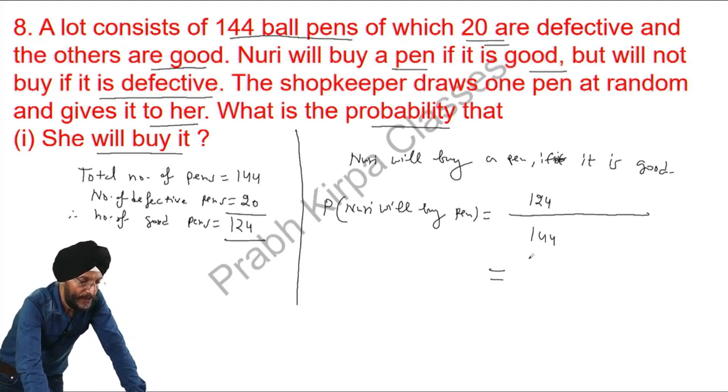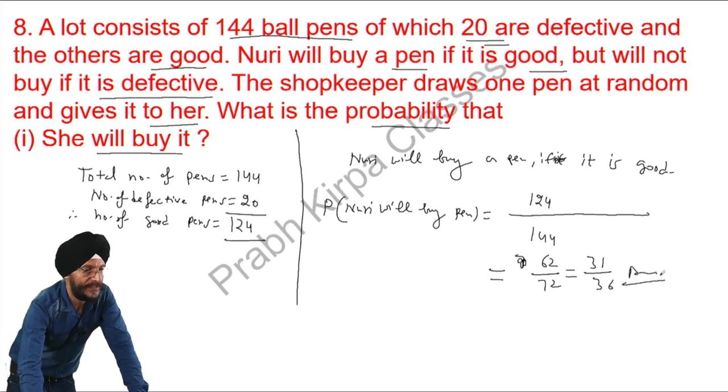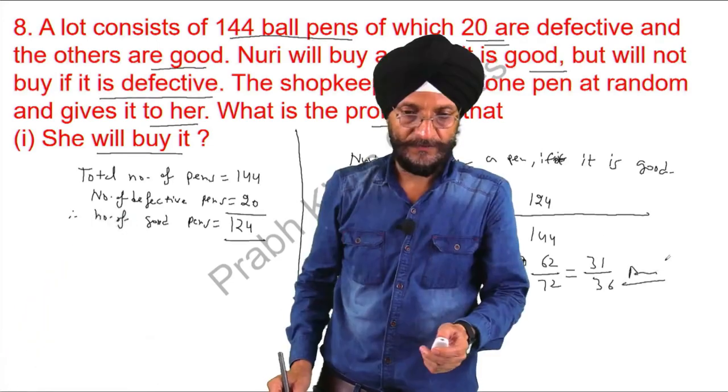We will divide both by 2. It comes 62 divided by 72. We again divide it by 2. It becomes 31 over 36. So Noori will buy the pen. Its probability is 31/36. This is the answer of the first part of the question.